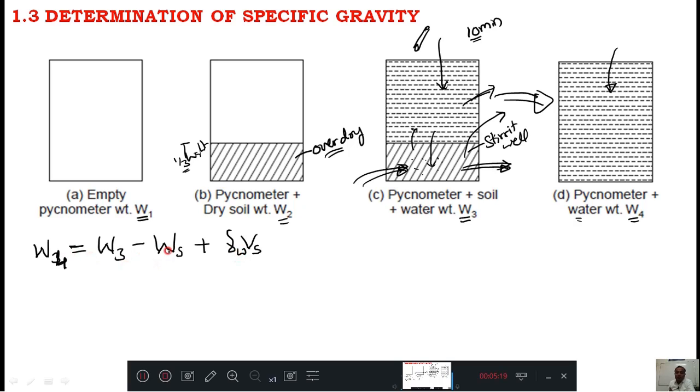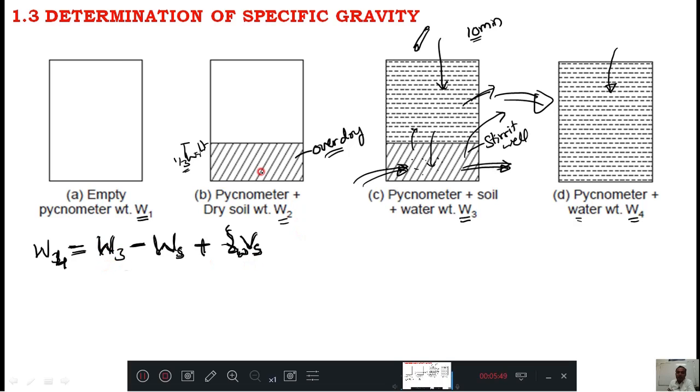See what I am writing, I am synchronizing with the statement, therefore you will never get confused. W4 can be expressed as: from W3 I remove the weight of solids and I add this much of water. Now after this, it is just a rearrangement, mathematics.